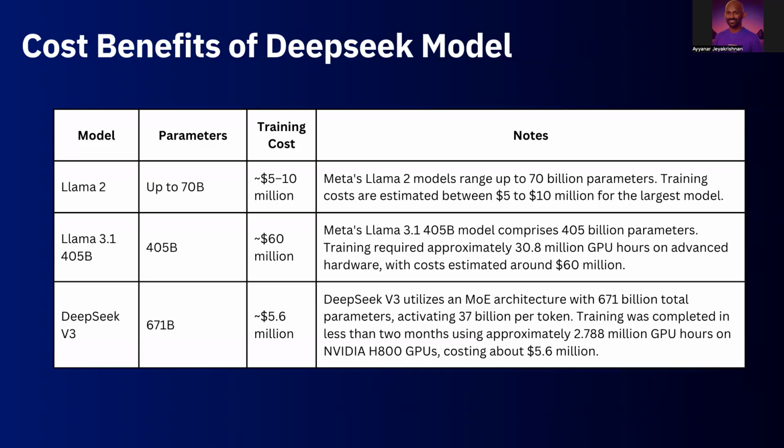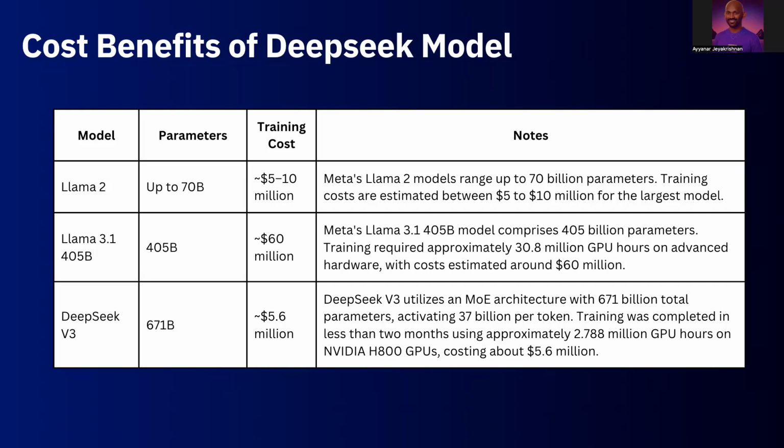Then we want to touch upon the cost benefits of the DeepSeek model. If you look at history, the Llama 2 model, up to 70 billion parameters, cost around 5 to 10 million. The latest model, Llama 3.1 405 billion parameters, which is a robust and very good model, cost around 60 million dollars. It was trained on 30.8 million GPU hours, using all the advanced hardware. The catch with the DeepSeek V3 model, the base model for R1, is the cost.